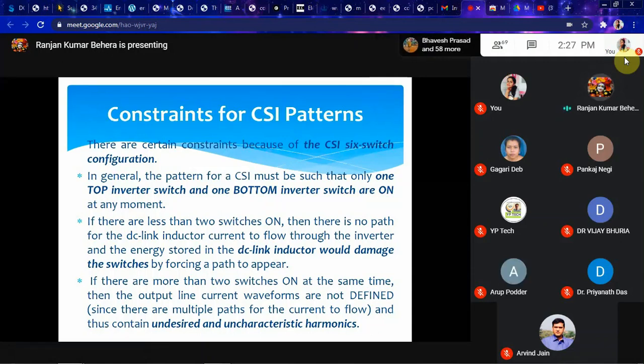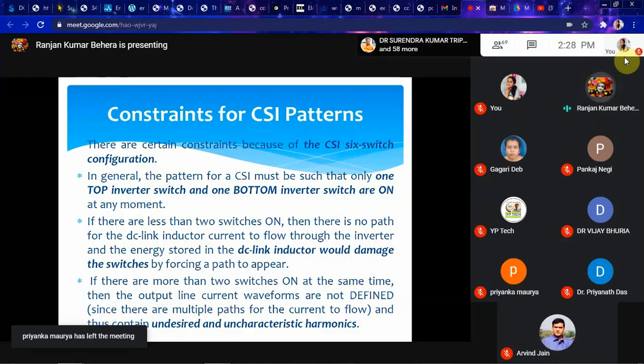Another case is when more than 2 switches are on: 2 switches from the top and 1 switch from the bottom, or 1 switch from the top and 2 switches from the bottom. Then what will happen? It will create undesirable, uncharacteristic harmonics, for which you cannot design a filter. Uncharacteristic means you cannot define them.